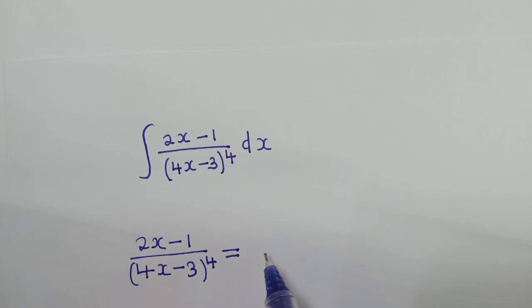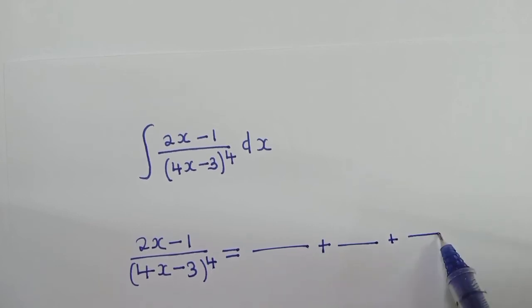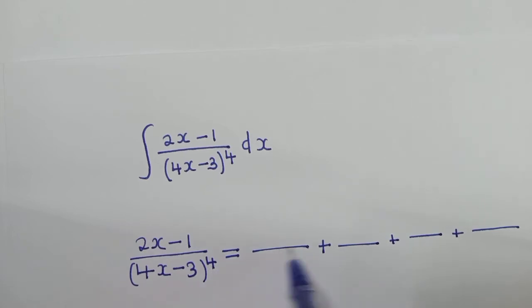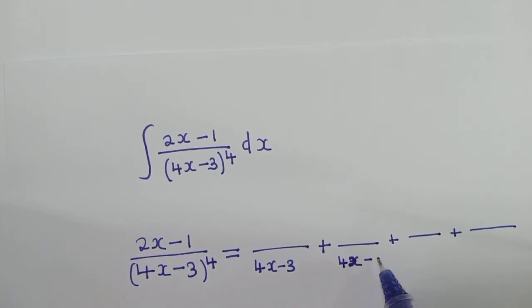So to decompose this, we shall write these bars. Hopefully you're able to see, okay. There are four of them because of this number, this power. So there must be four of them. So you say 4x minus 3, okay. Next you write the same 4x minus 3, this time around you put a power 2.